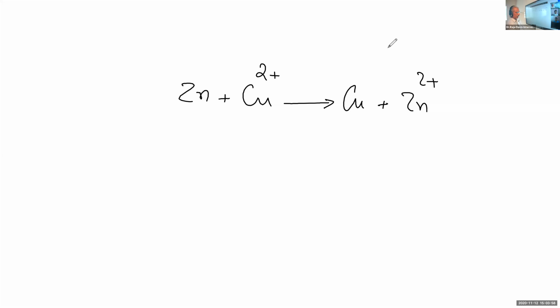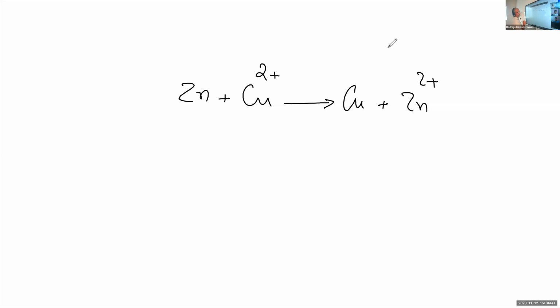If there is loss of electron from the reactant, oxidation. If there is addition or gain of electron by the reactant, reduction. Similarly, an increase in oxidation number of the reactant is oxidation. A decrease in the oxidation number of the reactant is reduction.